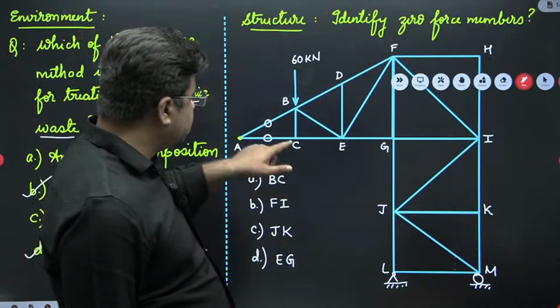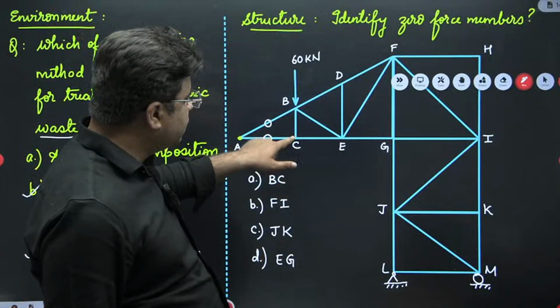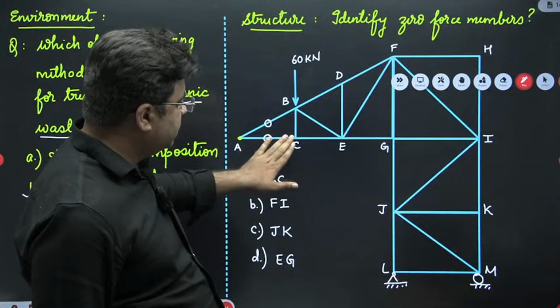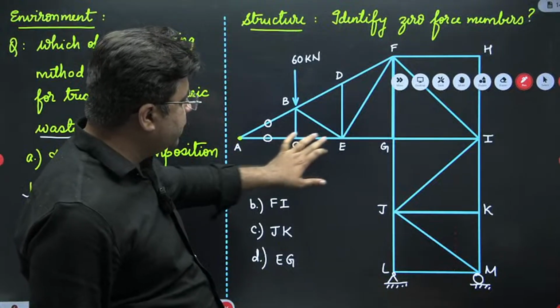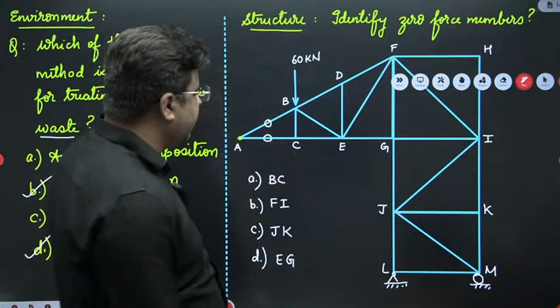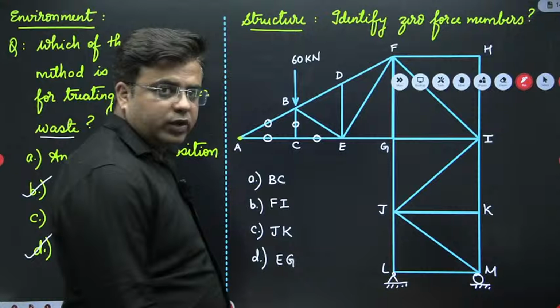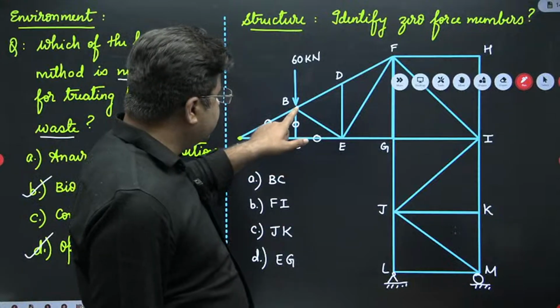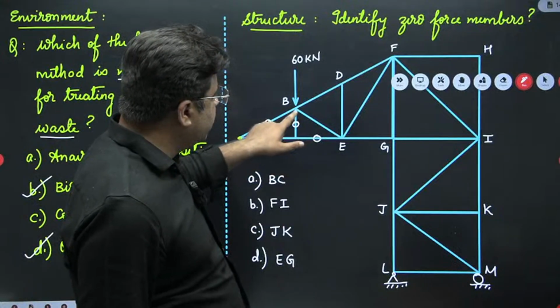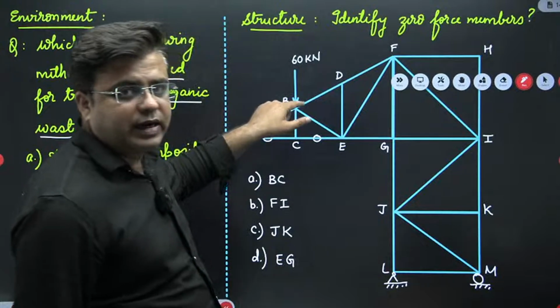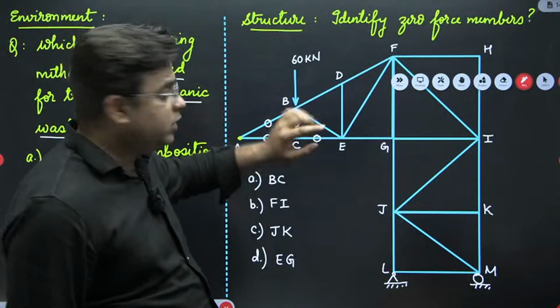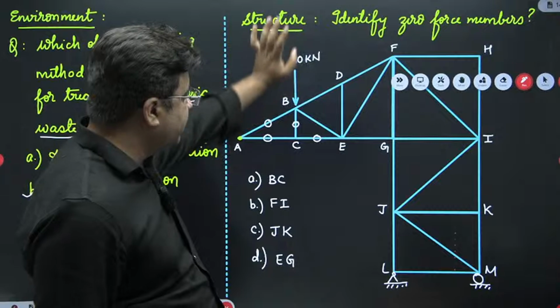Now come to joint C. At this joint C, forget member AC. Two members are meeting and no external load is acting, so these two also become zero force members. Then at the next joint, more than two members are meeting and an external load is also acting, so we cannot say anything about zero force members here.